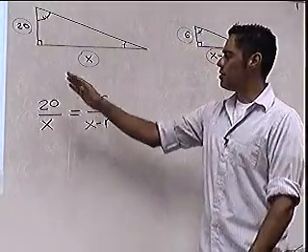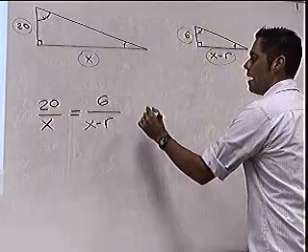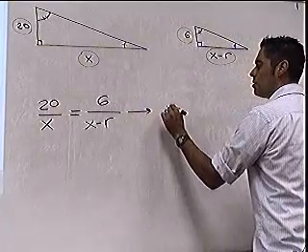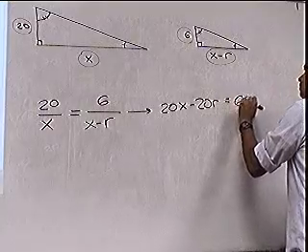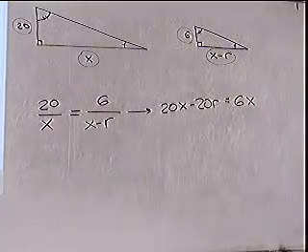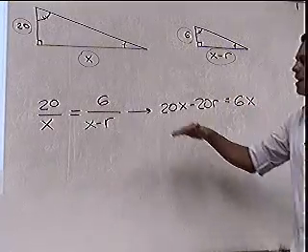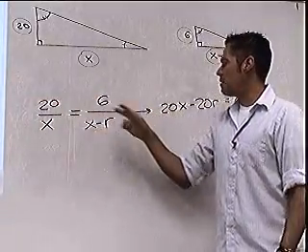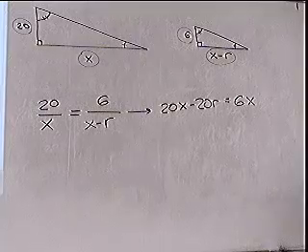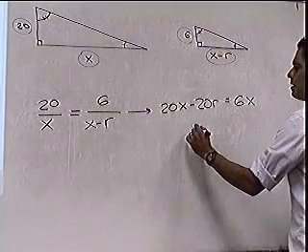I'm actually going to cross multiply this thing. And that way I can turn it into something that's a little easier to differentiate. So I just multiply both sides by x minus r, and then multiply both sides by x to get this. And then I can go even further.